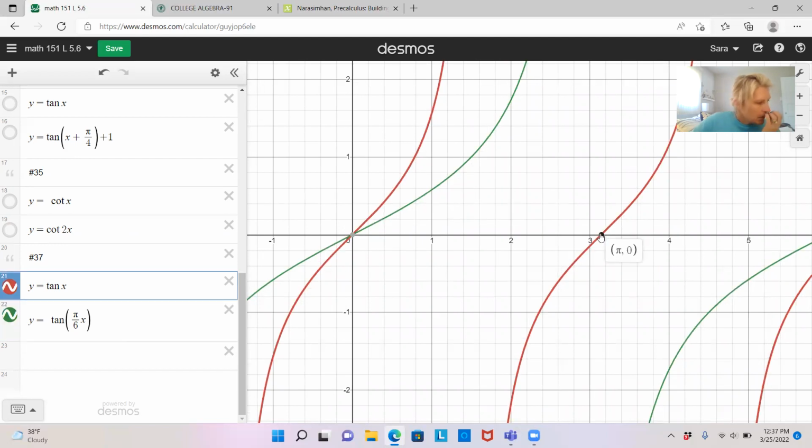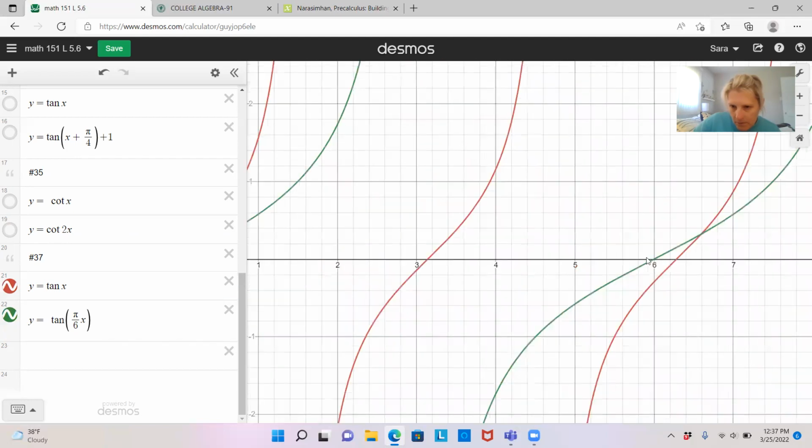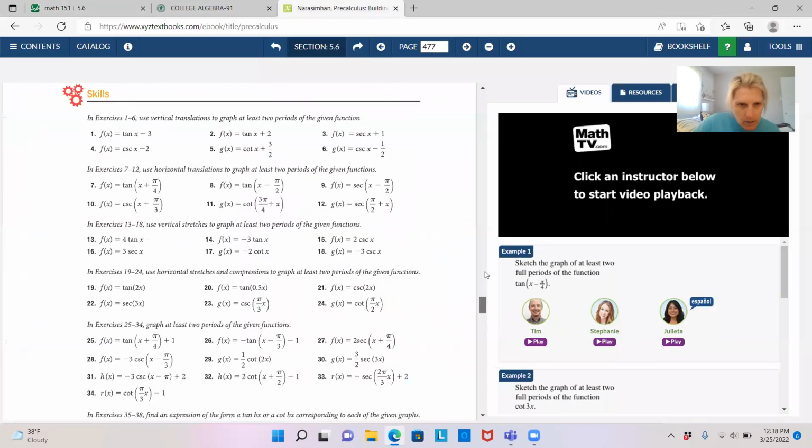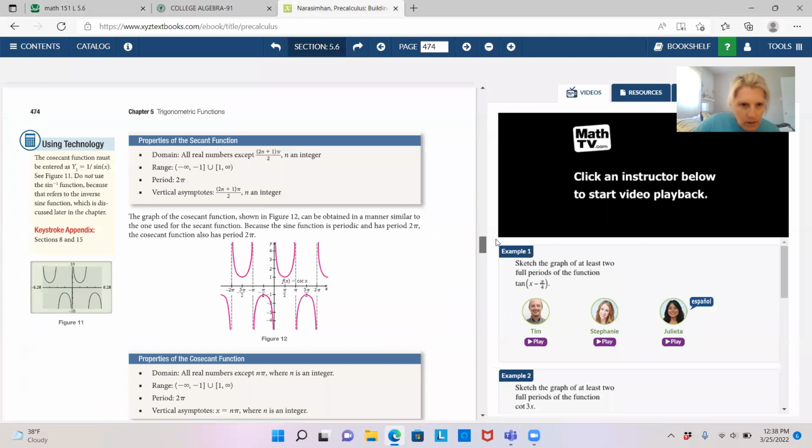That's at pi. I'm looking at the green ones. It's at 6. So its period is at -3 pi over 2. Let's go to tangents.